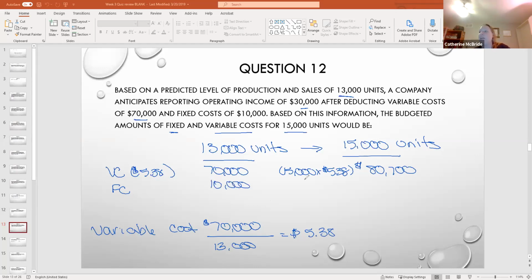Because it's fixed, it's still going to be $10,000. Making sure we answer the question, our budgeted fixed and variable costs would be $90,700. Or if they want them separately, $80,700 and $10,000.